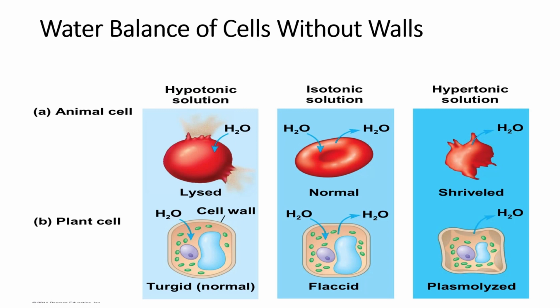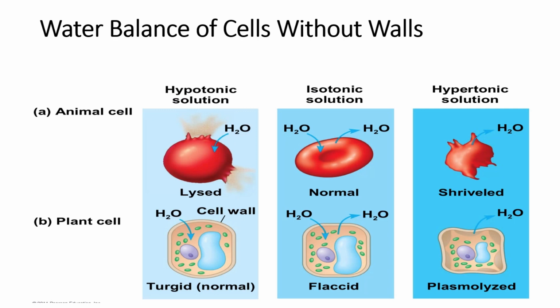So what would happen to a red blood cell if we put it into an isotonic solution? Let's just talk about salt water, all right? 0.9%.